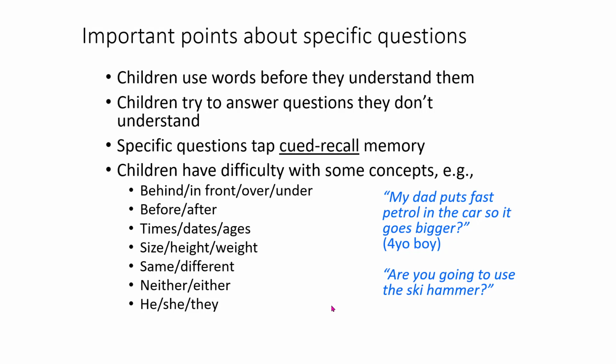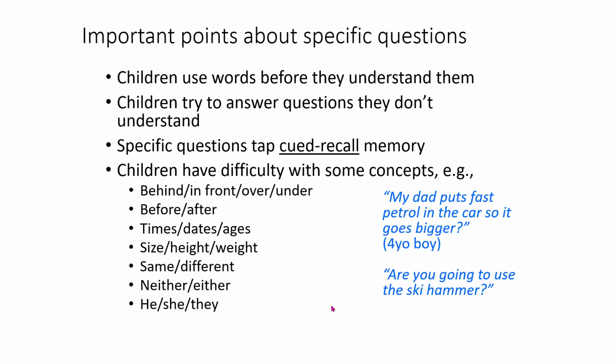Often these questions contain concepts that children have difficulty understanding, or they have emerging abilities in their use of the concepts. And things that we find really simple ourselves, often children have different ways of seeing things.